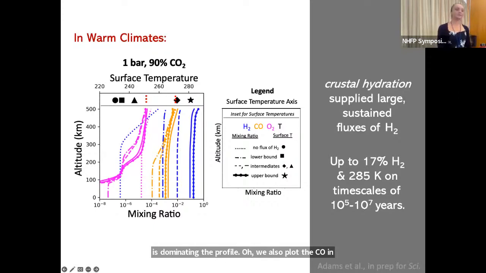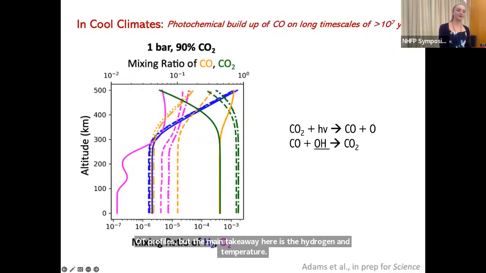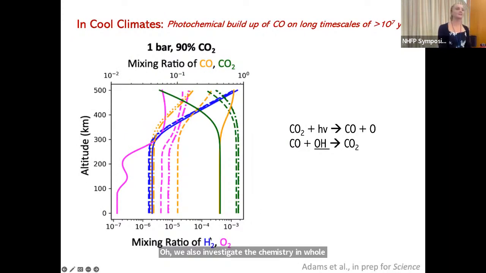We also investigate the chemistry in cold climates, where in this case, I'm not plotting the temperature because everything is in fact quite cold, below 230 Kelvin. I added a new profile, which is this green line of CO2. And that's because in the previous case, the background atmosphere was dominated by CO2. But in this case, the photolysis of CO2 becomes unbalanced with that recycling reaction.